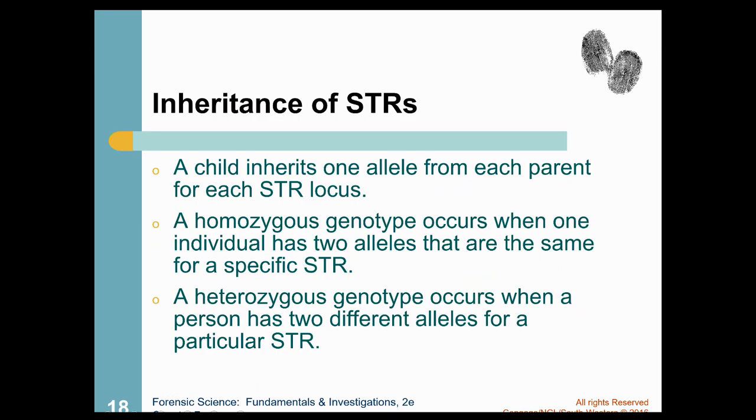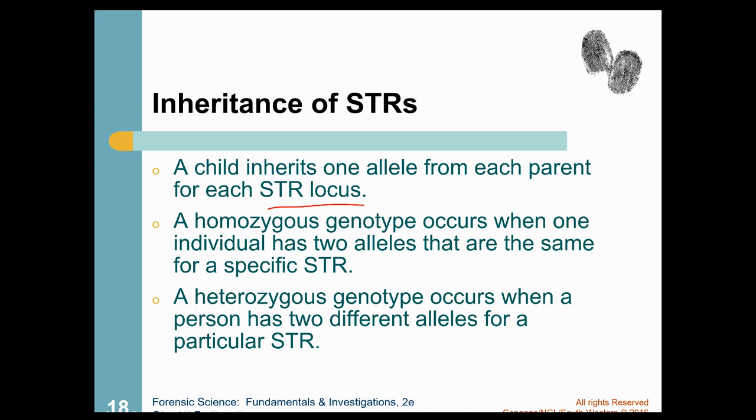So where did STRs come from? A child inherits one allele from each parent for each STR locus. So for each of those 13 STRs, you have inherited one allele from your mother, one allele from your father. A homozygous genotype occurs when one individual has two alleles that are the same at a specific STR.